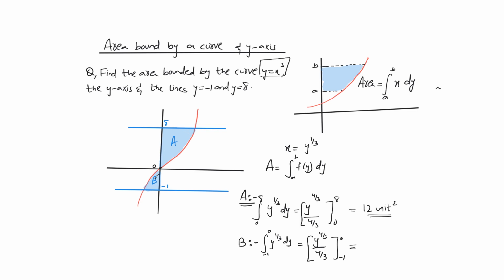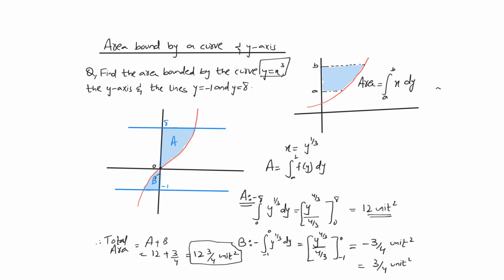When you plug in 0 and then -1, you get -3 over 4. But you know that the area cannot be negative, so the area would just be 3 over 4 units square. Therefore, the total area would be the area of A plus the area of B. So 12 plus 3 over 4, which is 12 whole 3 over 4 units square.